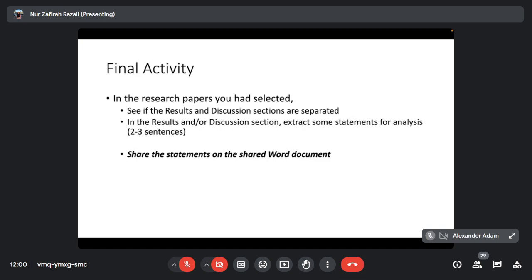Okay, the research papers you have selected, see if the results and discussion sections are separated. Have you guys selected the research article yet? No? Okay, so anyone? Any group that already has? Not yet? But I think one group already has a concept for the paper.